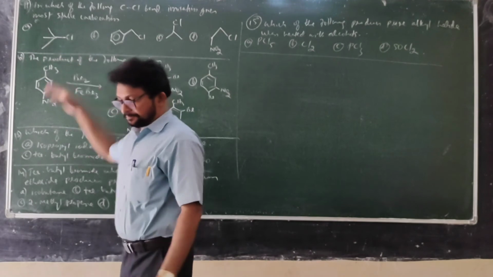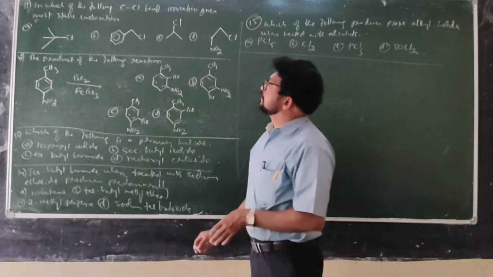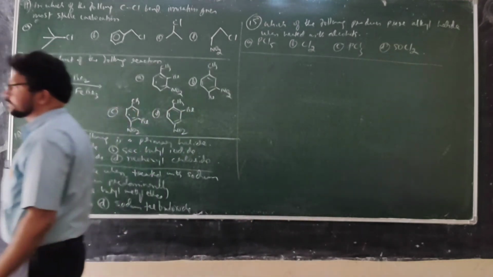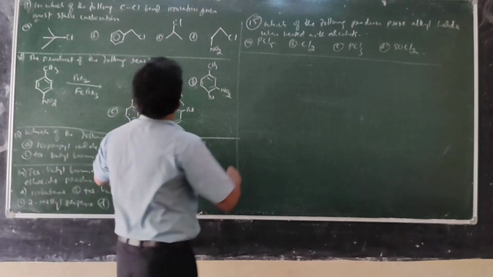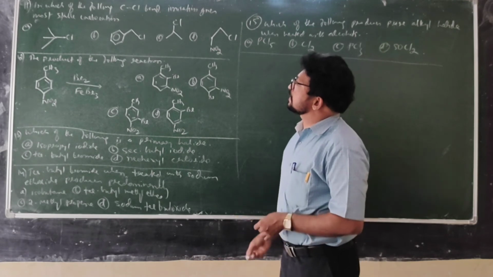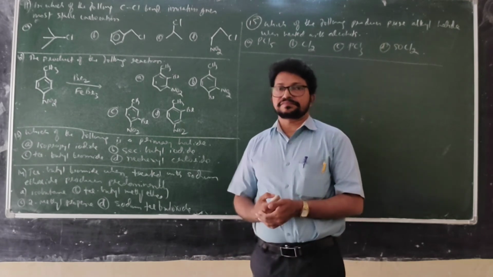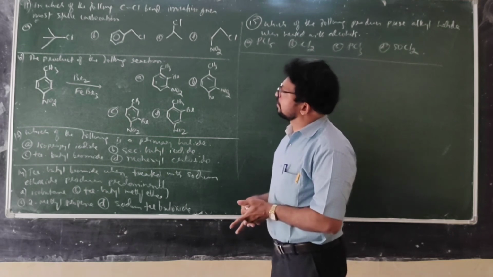See the next question, question number 11. In which of the following does C-Cl bond ionization give the most stable carbocation? It is given in bond line form.